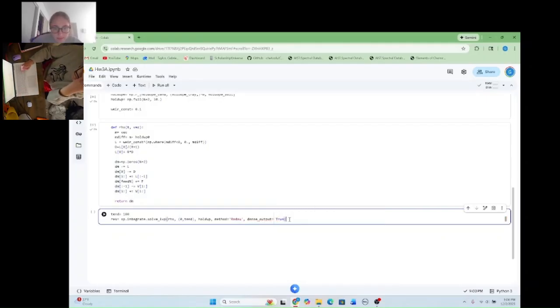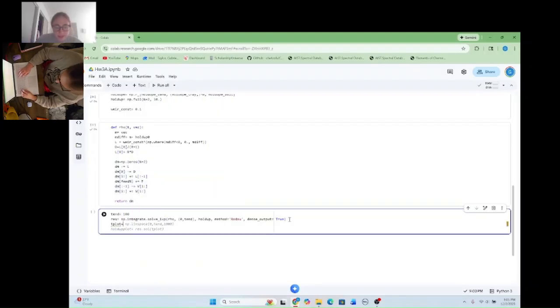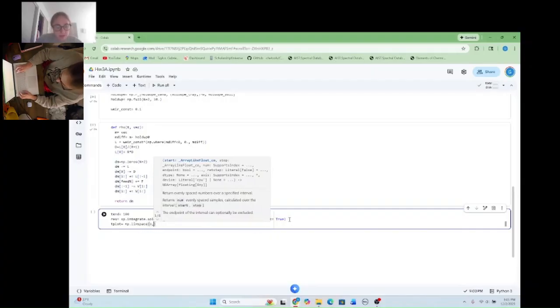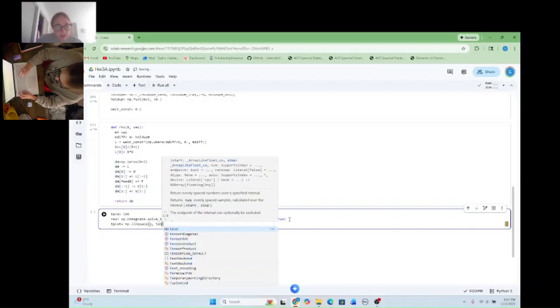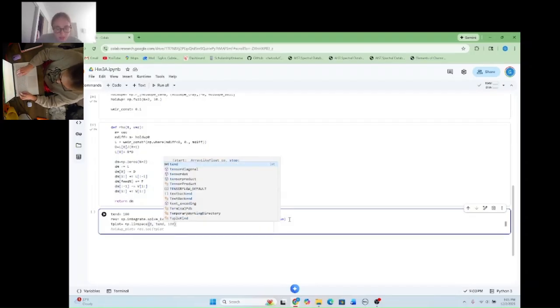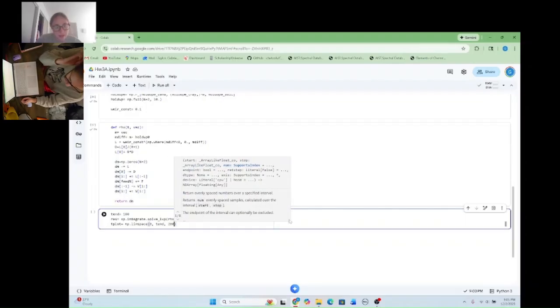Okay, so next thing is we need to make our t-plot equal to np.linspace of 0 to t end, and let's do 200 splits there.